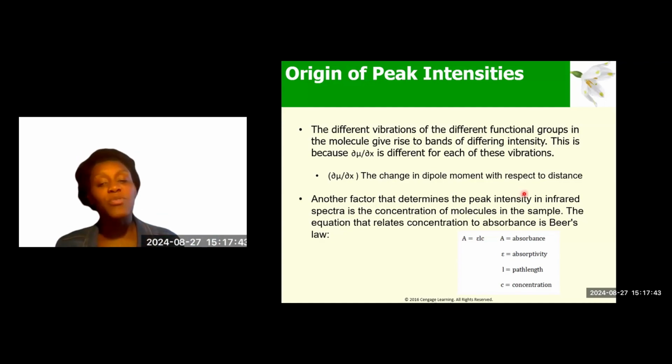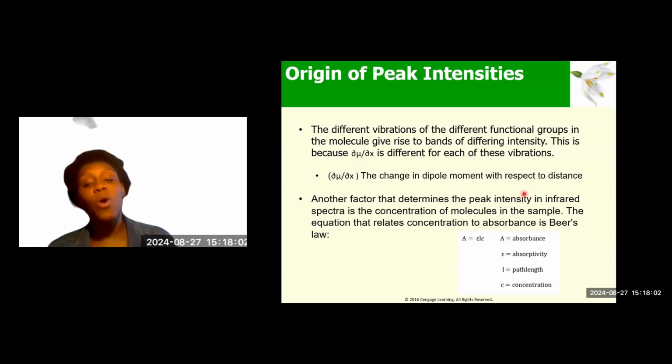And I don't know if you guys have talked about Beer's law in general chemistry, but you're going to see Beer's law again and again and again. And this is in reference to absorption and the relationship of absorption when it comes to concentration. Okay.